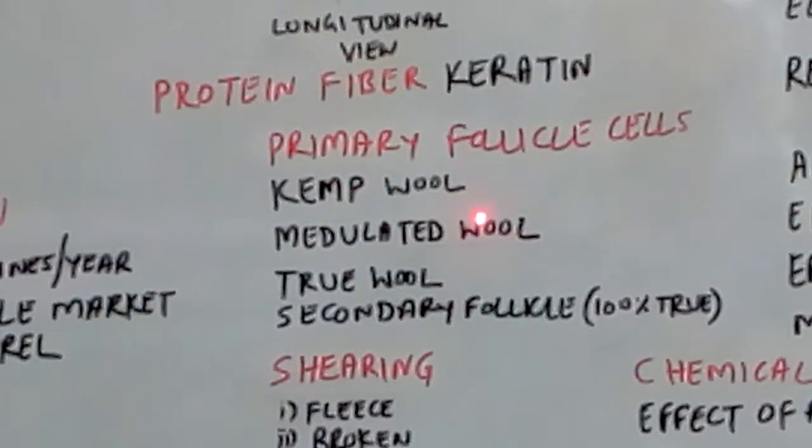They differ in fineness, length or handle. But true wool is spinnable, and it is taken to the market. But medullated wool and camp wool need to be subjected to other processes. If there are vegetable matters or pesticides in the medullated wool or camp wool, it is subjected to other processes to remove all the vegetable matter or unwanted material; a carbonization process is applied.